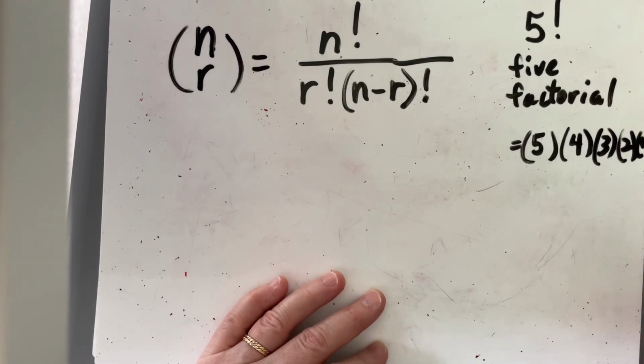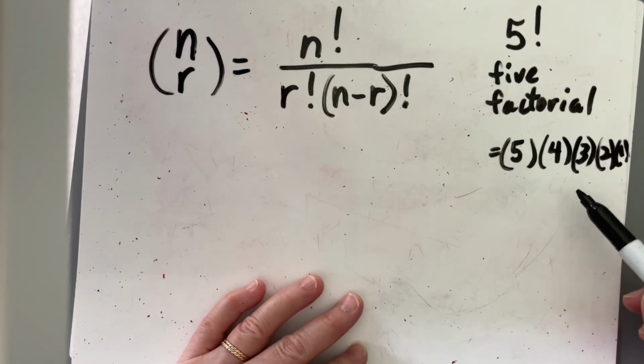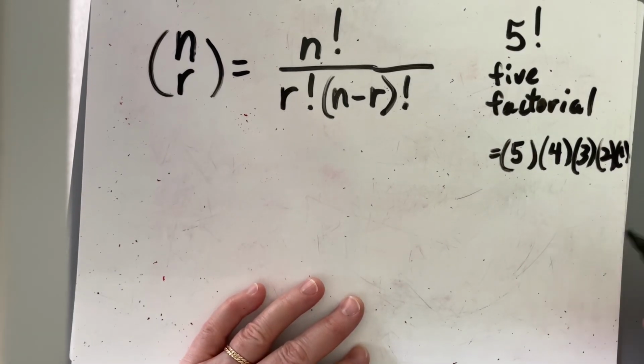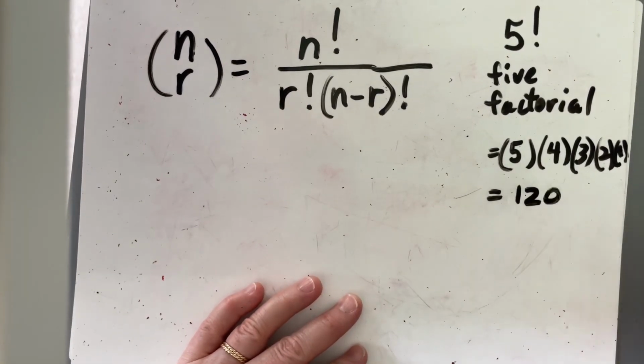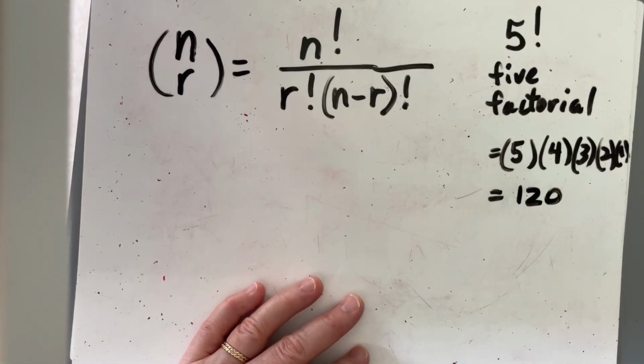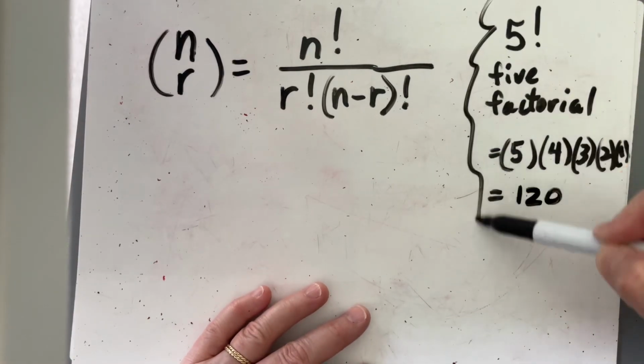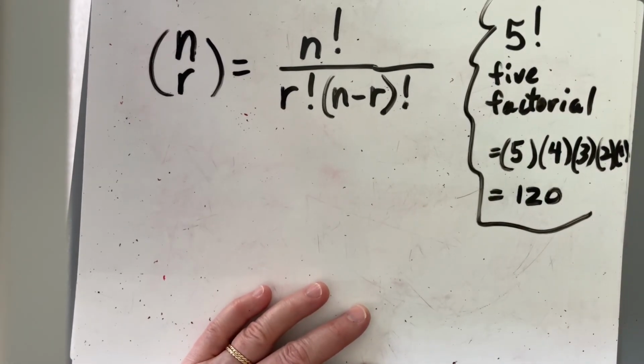So 5 factorial actually means 5 times 4 times 3 times 2 times 1, which is equal to 20 times 6, 120. Okay, so that's just talking about what that notation factorial means.